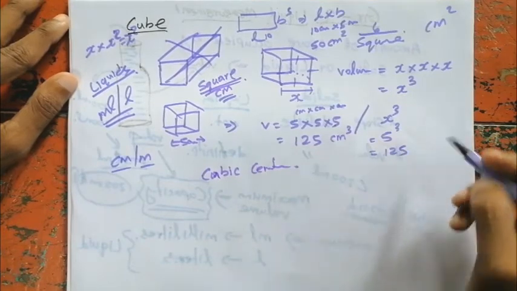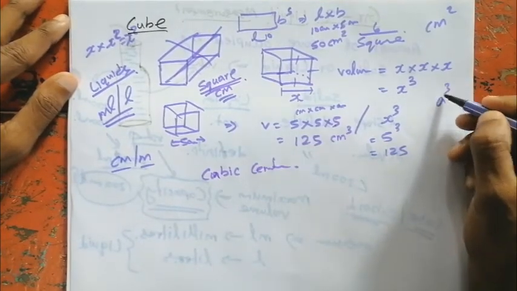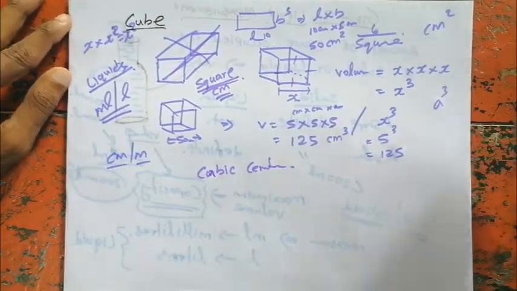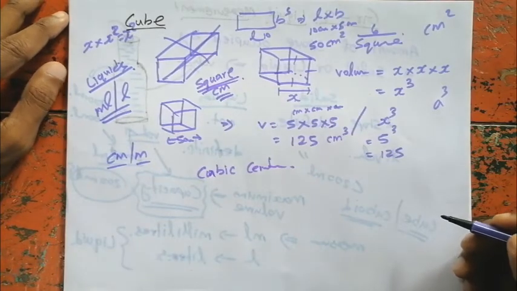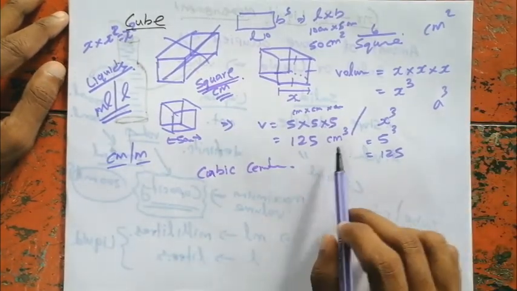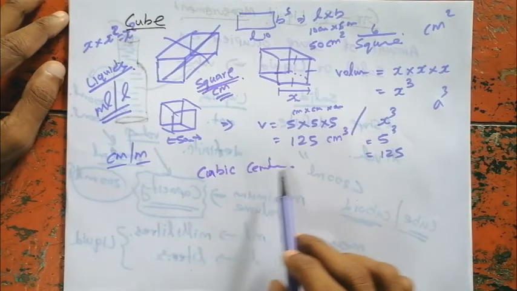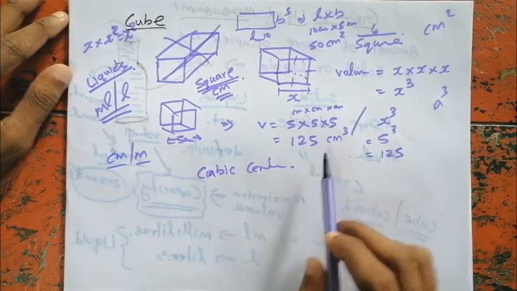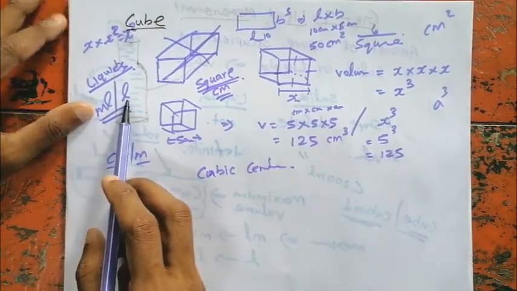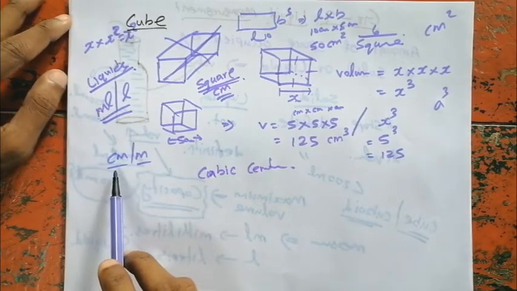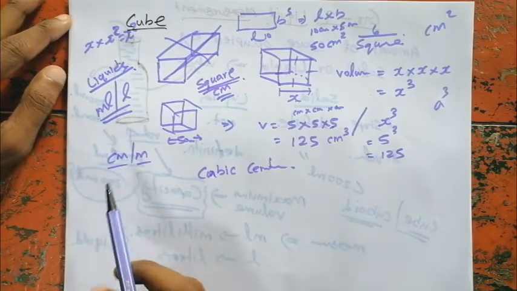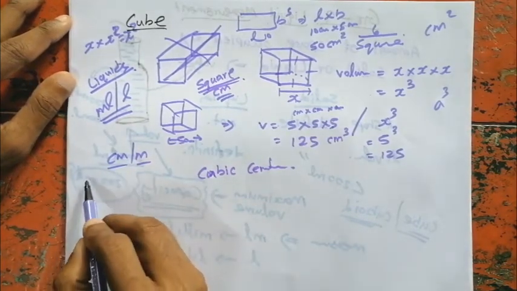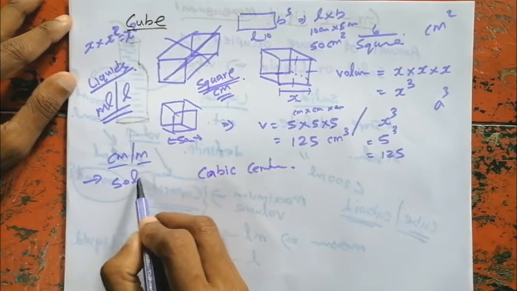Power 3 is called cube. You studied that, power 2 is called square. So like milliliter and liter, another measurement used to measure the volume, especially for solids, is the cubic centimeter.